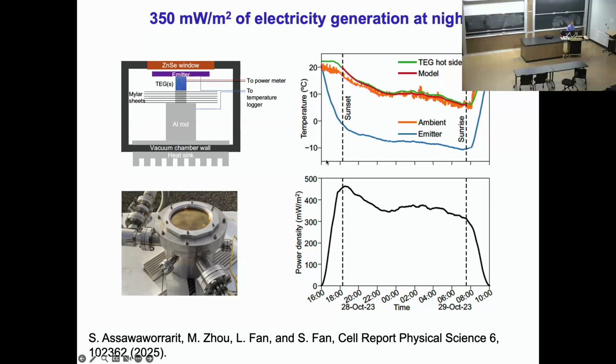And this is electricity generation. This is nowhere near what you can get out of a solar cell. However, for ambient energy harvesting, this is a record number. And this has potential importance for low power applications, for example, in charging a phone, in lighting, or in off-grid sensor applications at night.